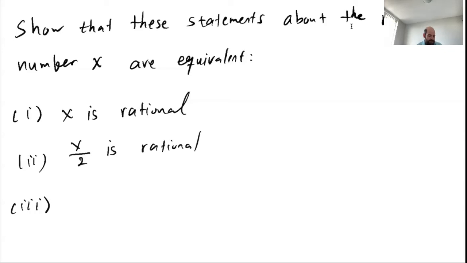So then that means 3x minus 1 is equal to a over b for some integers a and b with b not equal to 0, right? So our starting point this time is 3x minus 1. Therefore, 3x minus 1 is set to be a over b this time.